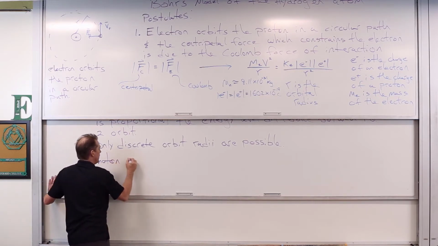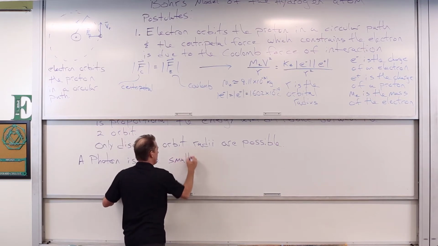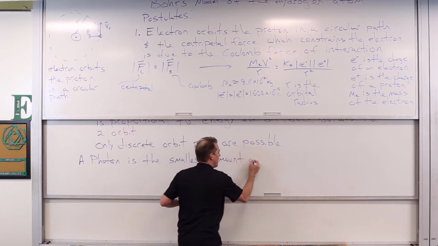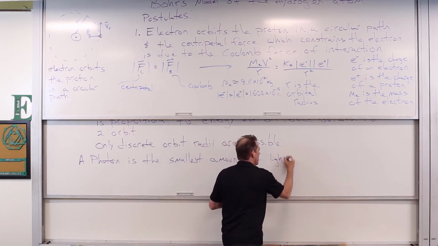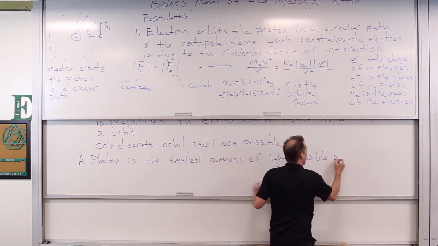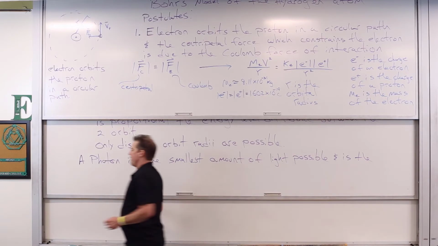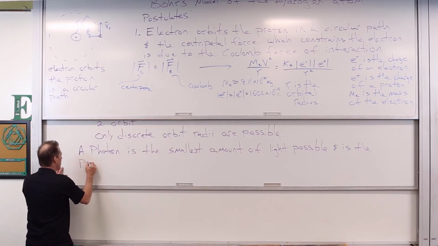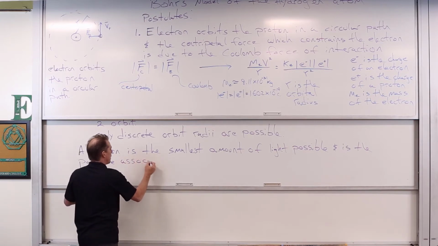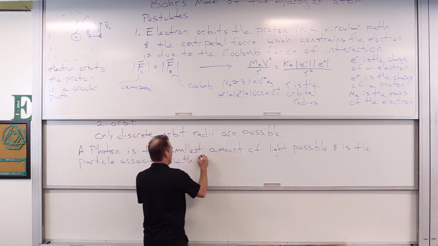A photon is the smallest amount of light possible and is a particle associated with light.